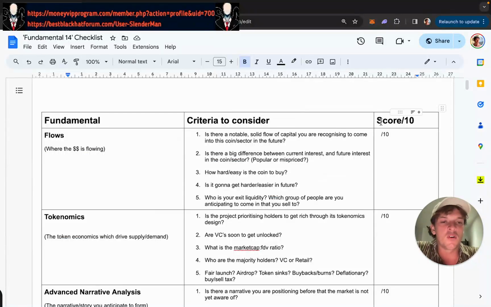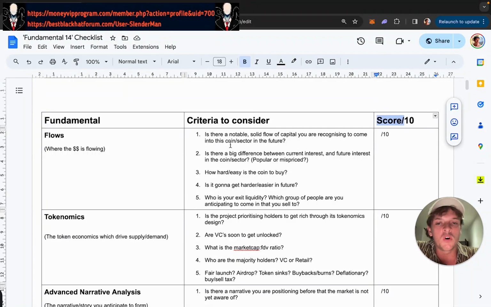So the third column, whatever you want to call it, is the score. So what you want to do is, below each of these questions, if you have time, put in your answer. So, is there a notable inflow of capital? Blah, blah, blah. Once you have completed this section, then you give it a score out of 10.